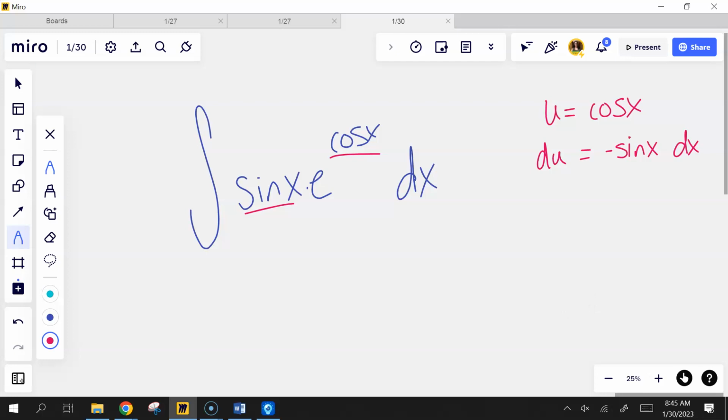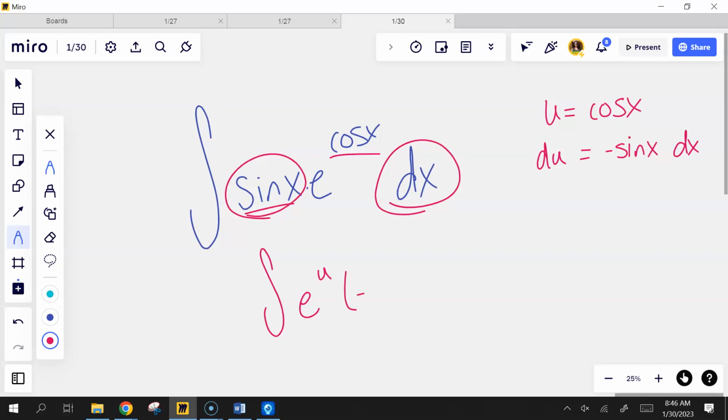Look at what I have. If I just move this around a little bit, I'm very close to having negative sine x. In fact, I have e to the u times sine x dx, which is really negative du. Du is negative sine x, and I have sine x dx. It's just missing a negative, right? Do you agree with that?